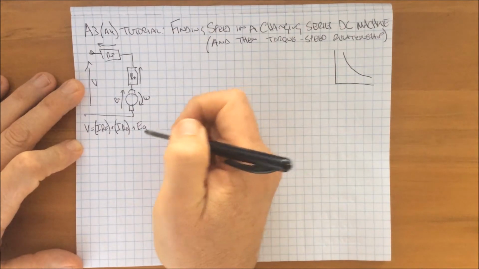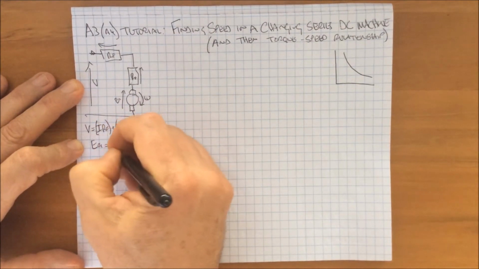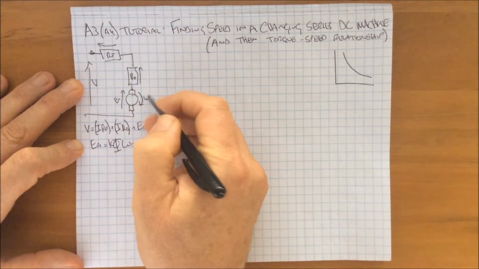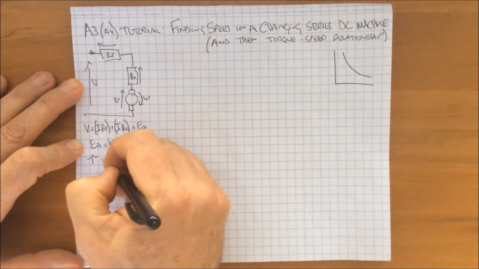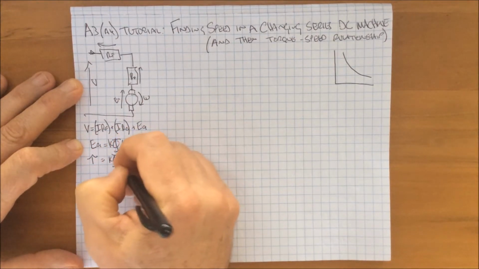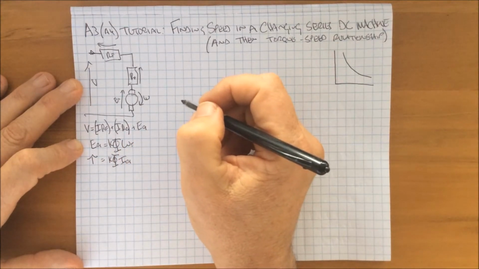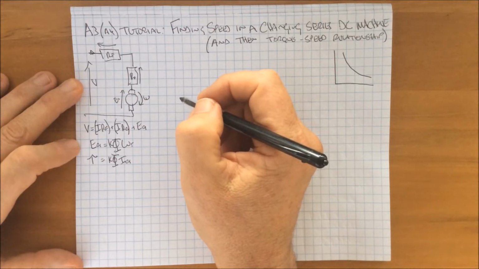And we also have the standard expressions. The back EMF equals K phi times the rotor speed, which we can measure, and torque also equals K phi times the armature current. Now, for what we're going to be doing, these are pretty much all the equations we need.